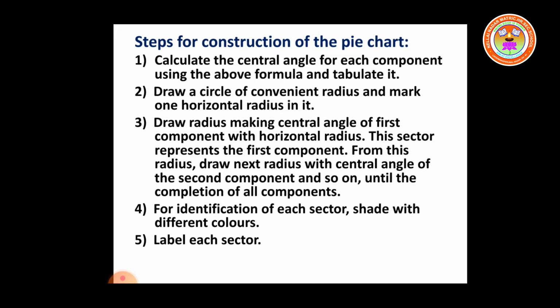From this radius, draw the next radius with the central angle of the second component and so on until the completion of all components. Fourth one, for identification of each sector, shade with different colors. And the last one, label each sector.